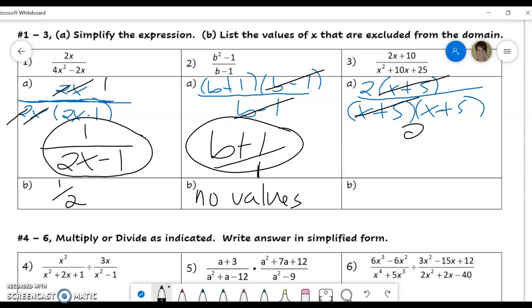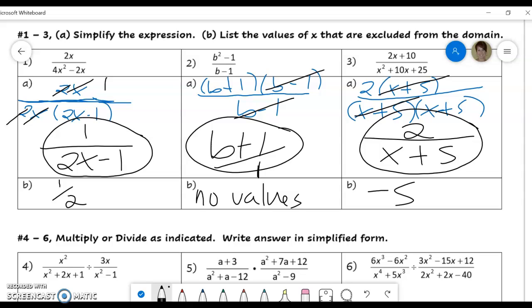And my final answer would be 2 all over x plus 5. Now, the value for x that would make this denominator 0 would be negative 5. So that is a review of 7.1. Hopefully you brought your binder home and you have those notes in your binder, but that is just simplifying and talking about what values are restricted in the domain. Okay, and there you focus on the denominator.